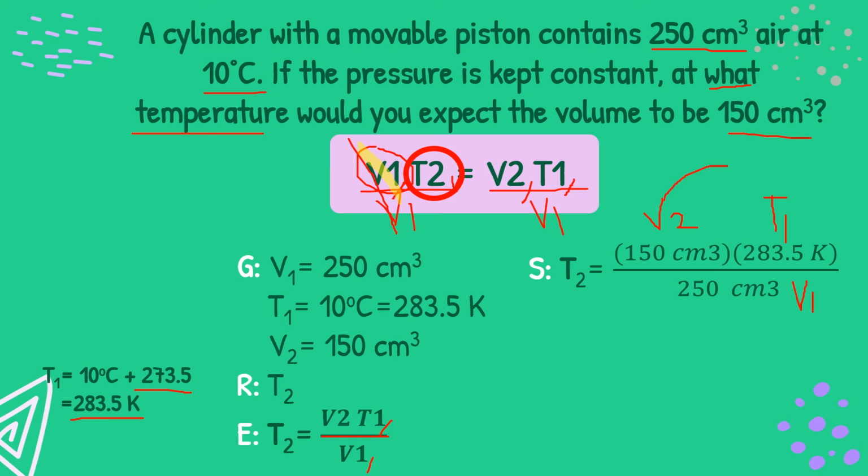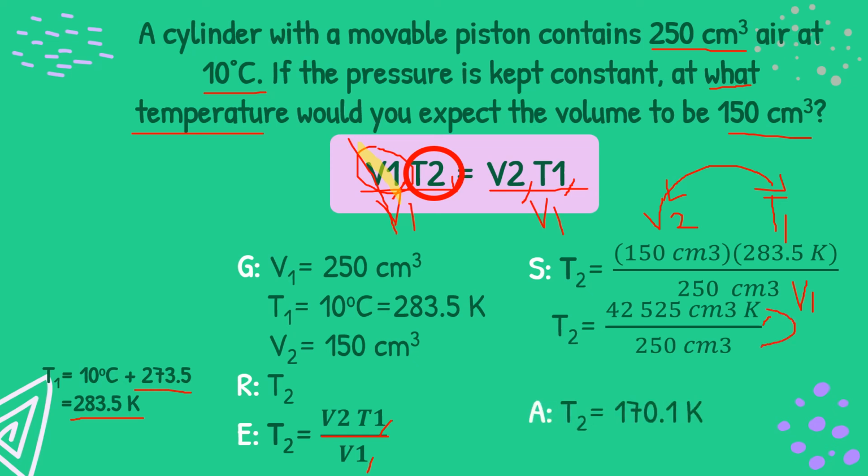First, let's get the product of final volume and initial temperature, and we will have 42,525 cubic centimeter Kelvin, and we divide these two to have an answer of 170.1 Kelvin. We have the unit Kelvin because we cancel out the cubic centimeter and are left with Kelvin. So this is the final temperature.